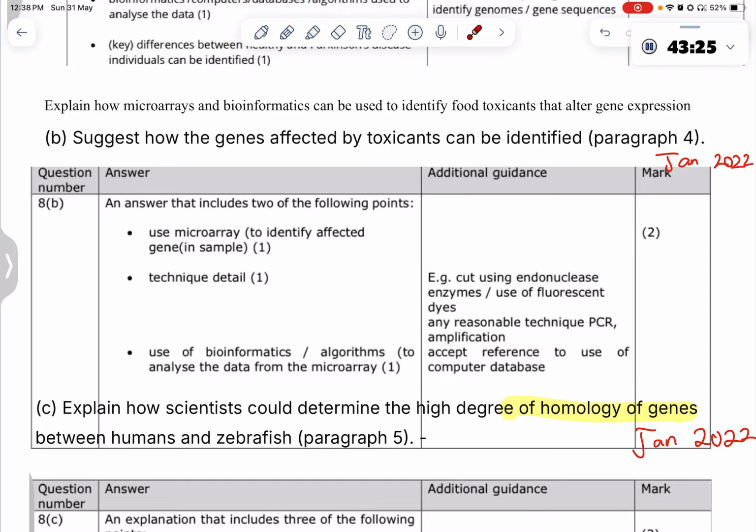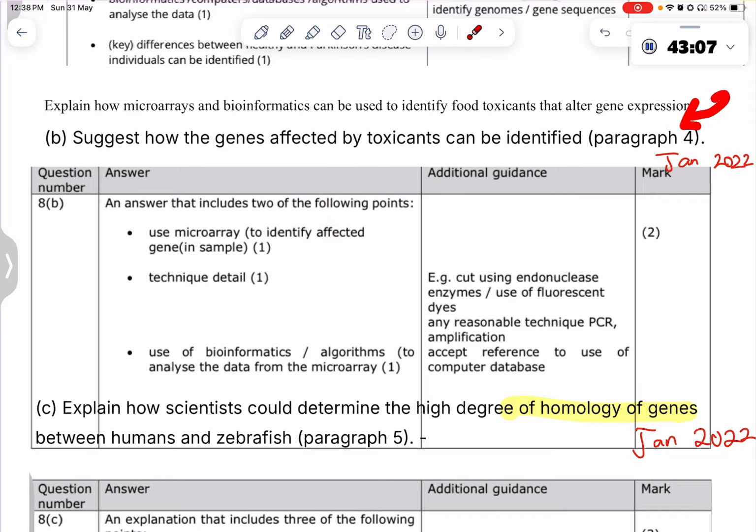An important point we need to discuss here: how will I know that the question in the article will be asking about microarrays or bioinformatics in general, or even DNA profiling?